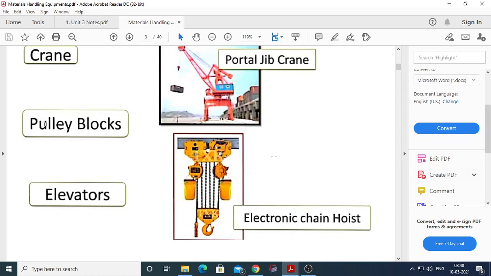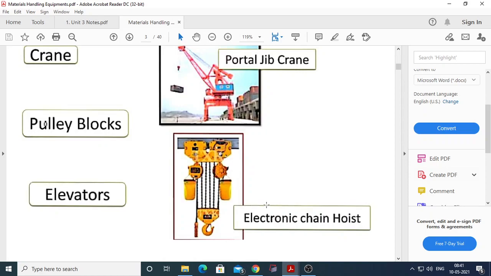Okay, hoisting equipment is a group of devices with lifting gear used for first moving the load in the vertical direction. See that, moving the load in a vertical direction, as well as transferring it from one point to another point in the horizontal direction.